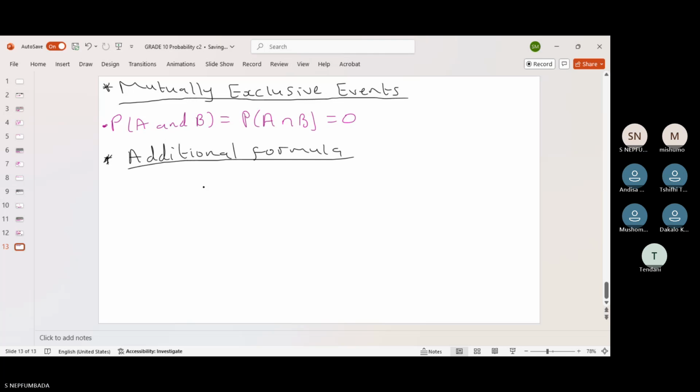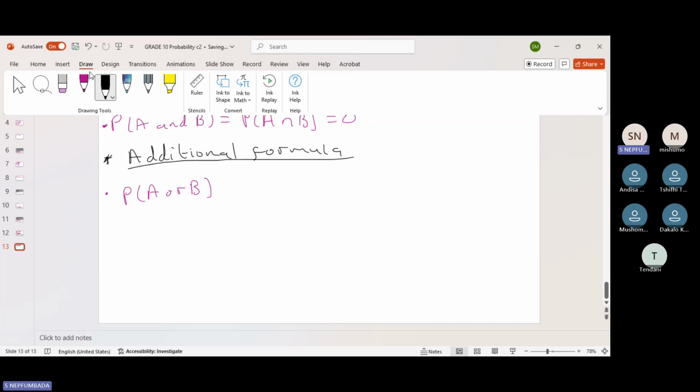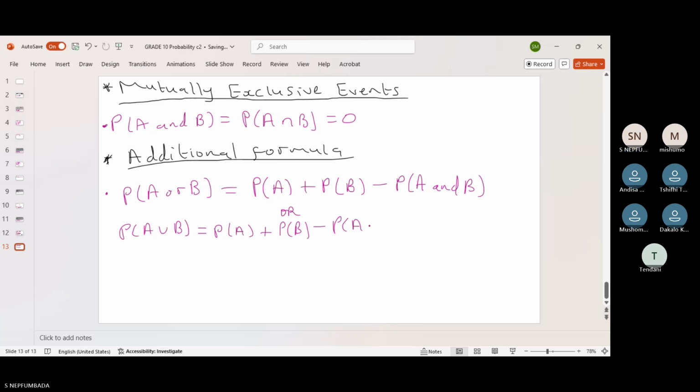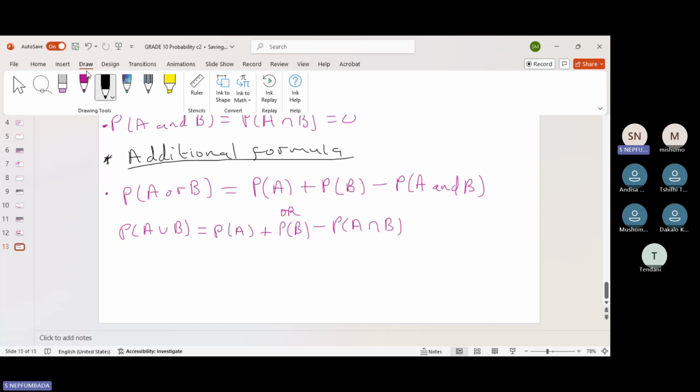We said that the probability of A or B, in some books you will find it written like this, is equal to the probability of A plus the probability of B minus the probability of A and B. That's what we call the addition rule.